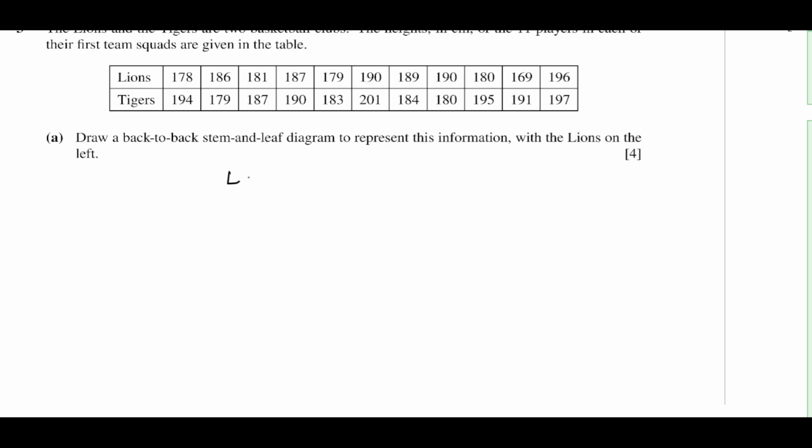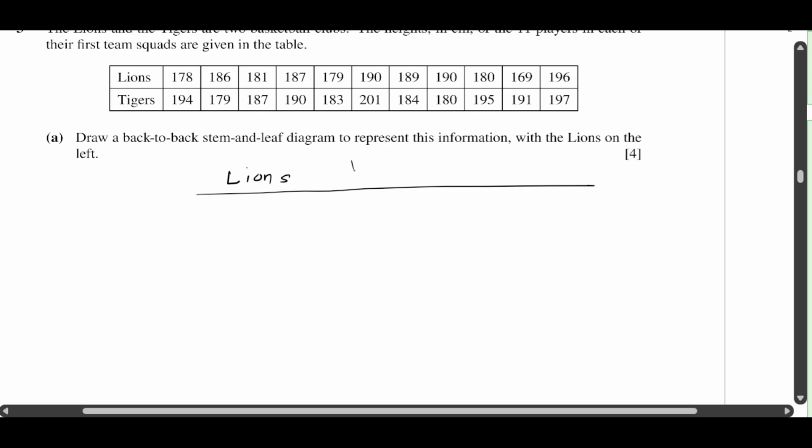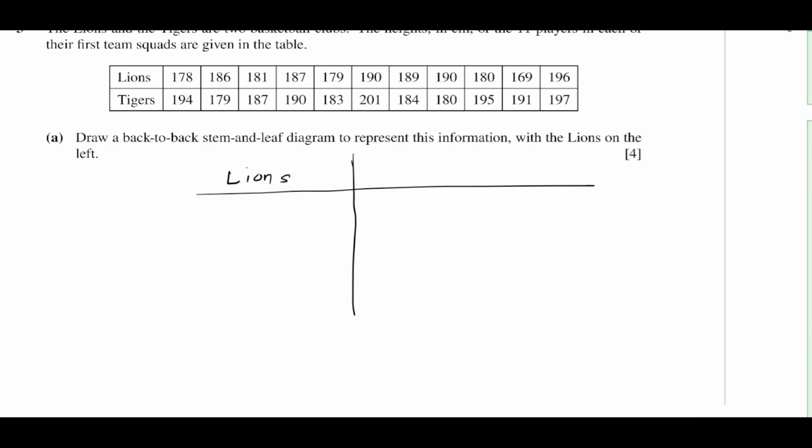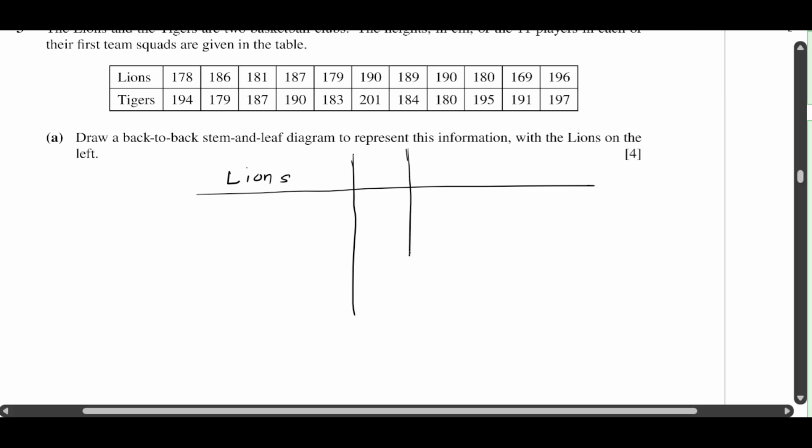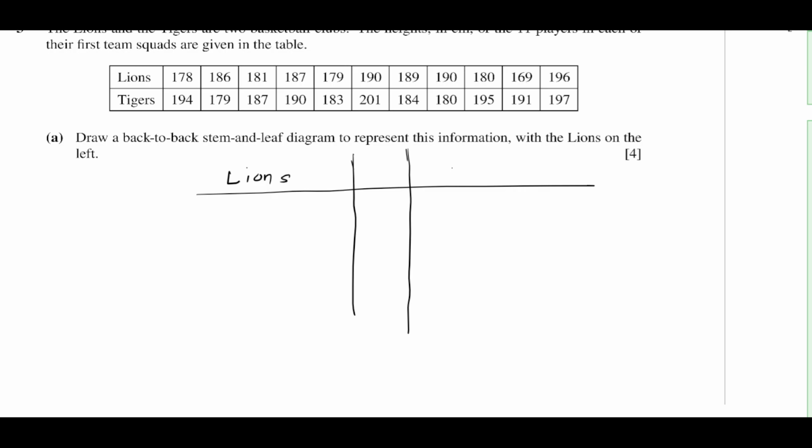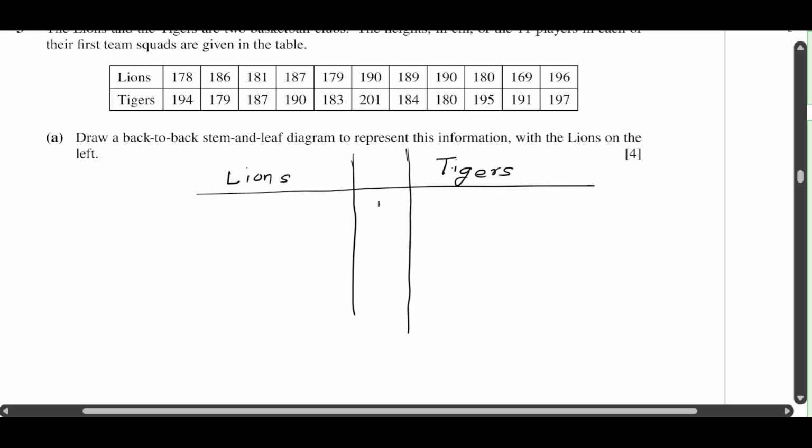Here on the left side, Lions, and on the right side I have Tigers. So here Tigers. The lowest value here is 169, so we will start with 16.